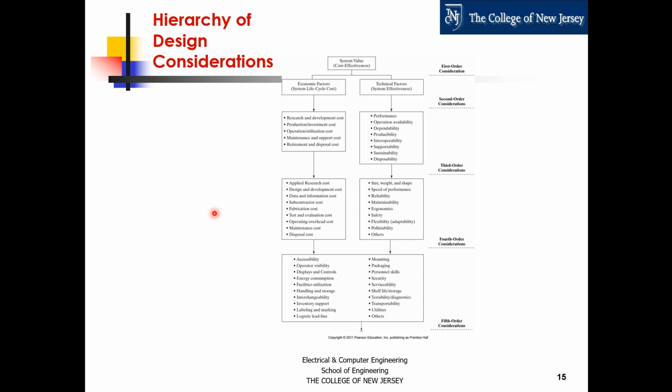So the first order consideration, at least from the perspective of this diagram, is system effectiveness, which in a nutshell is the system performing its mission and its functional requirements effectively.